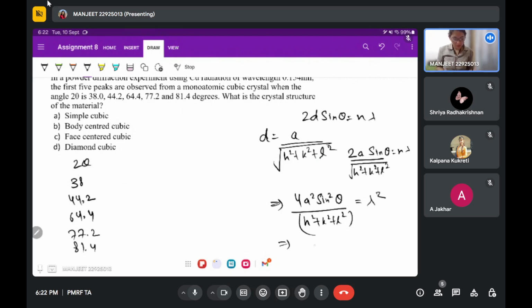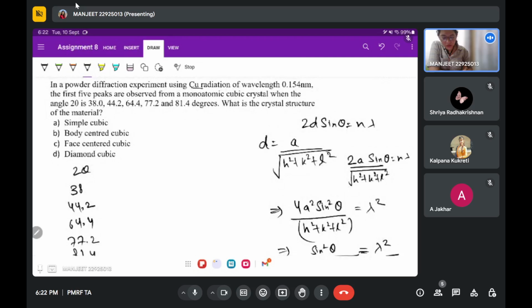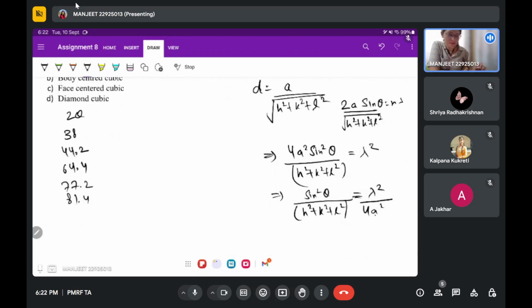So I can write this as sine square theta upon h square plus k square plus l square equals lambda square by 4a square. This lambda is constant, since it is given as Cu radiation with a wavelength of 0.154, and a is also constant for the cubic structure.